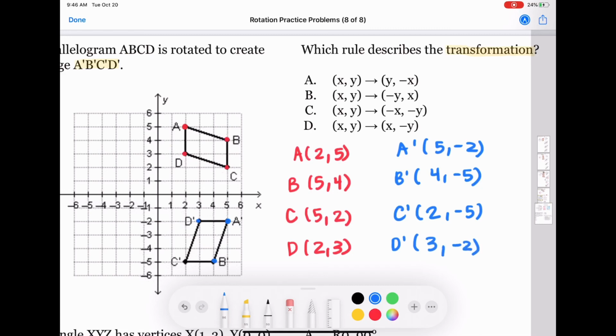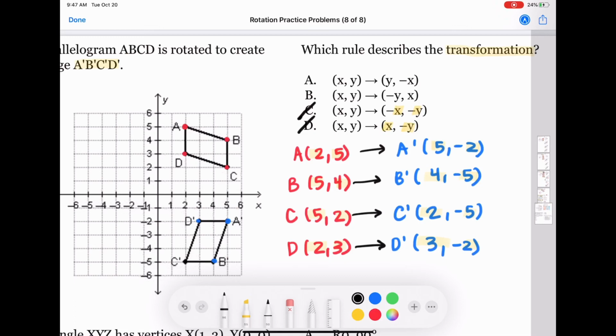Okay, well, once we've done that, we want to identify what transformation we used to get from our pre-image coordinates to our image coordinates. Well, let's look and see if we have a pattern. We can see that there is, in fact, a pattern. We can see that we have switched our x and y coordinates. So, therefore, we know that C and D are not our answer. Why? Well, because the x and y coordinates are not switched in C and D.